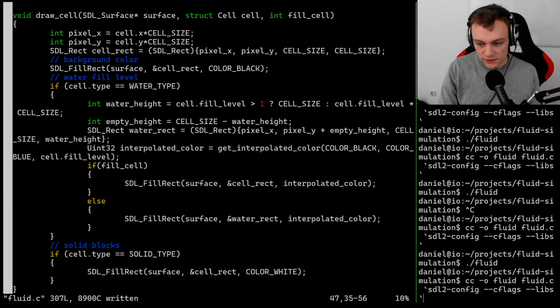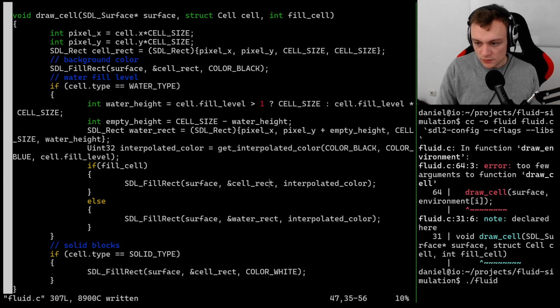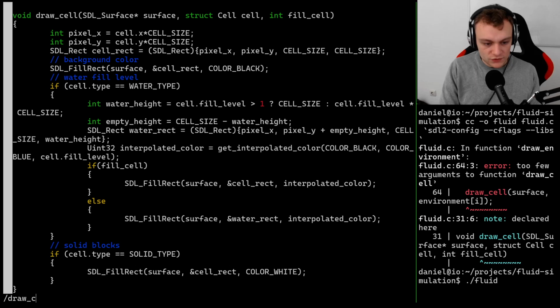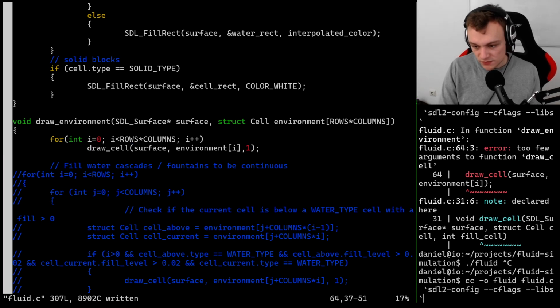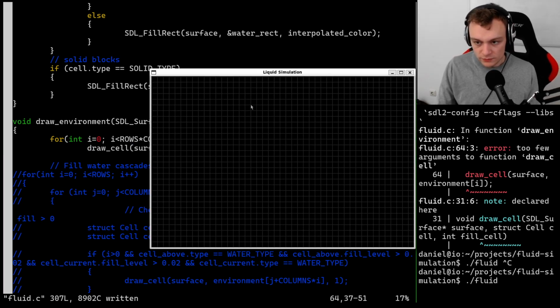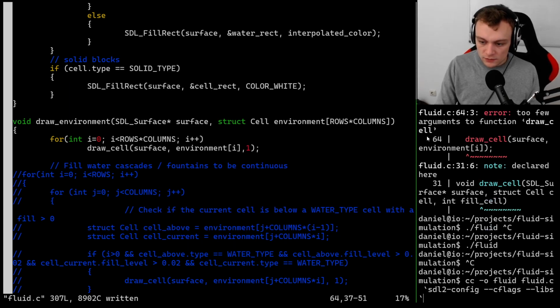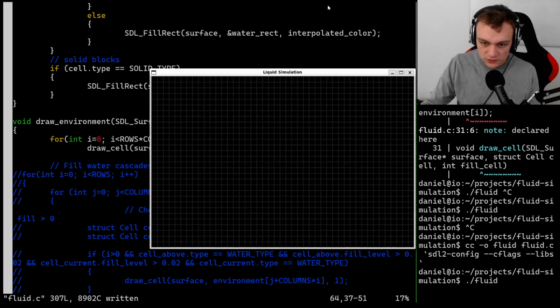Let's see how that looks like. Of course, we have to adapt the call down here. And let's just pass a 1. So this should give us filled cells all over the place, which is not something we want.